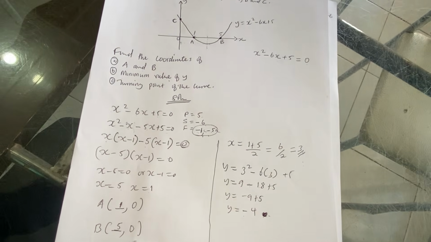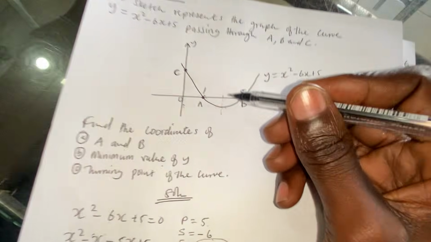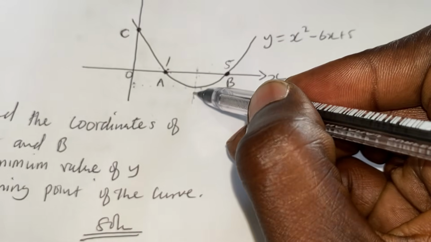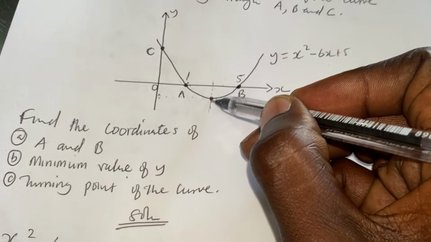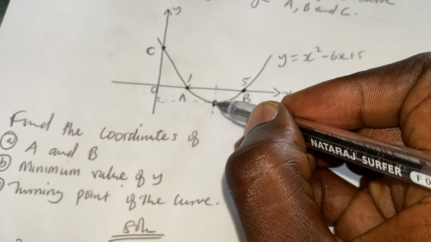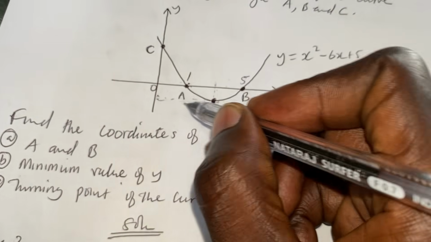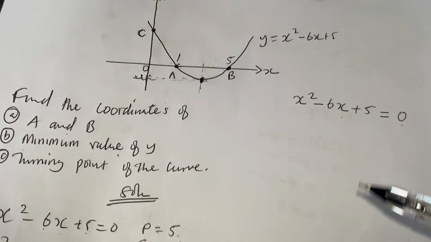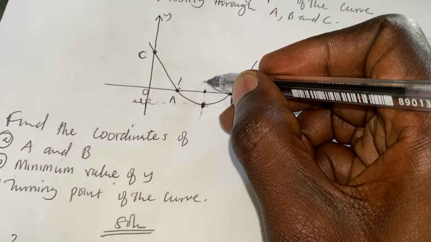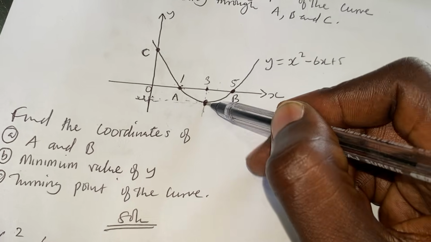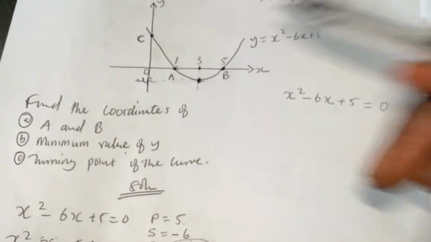So now, how do we find the turning point? So the turning point is this point over here. Since we know that the minimum value, the value of y here, is negative 4, the one that you have solved, and the x value here, we said is 3, meaning the turning point becomes 3, negative 4.